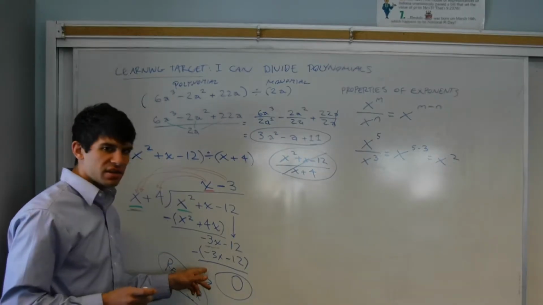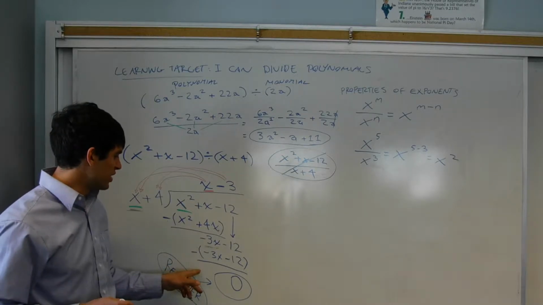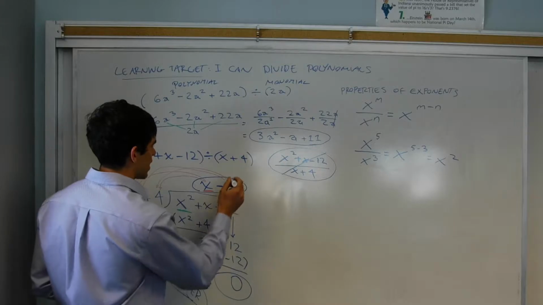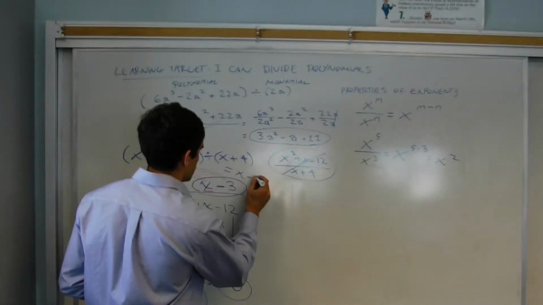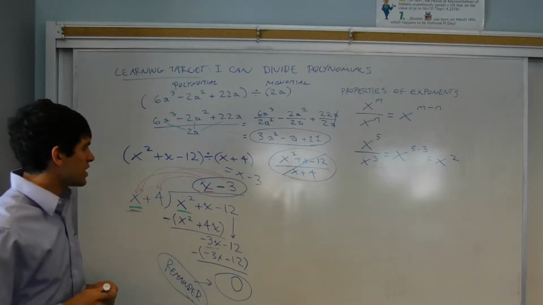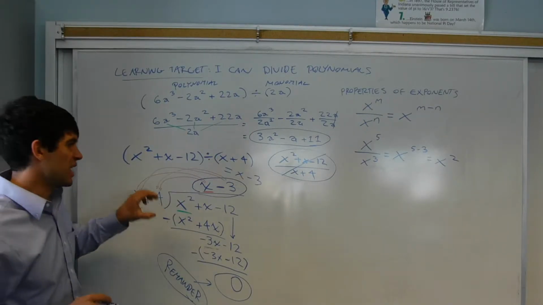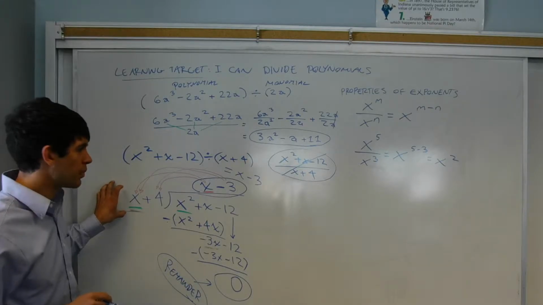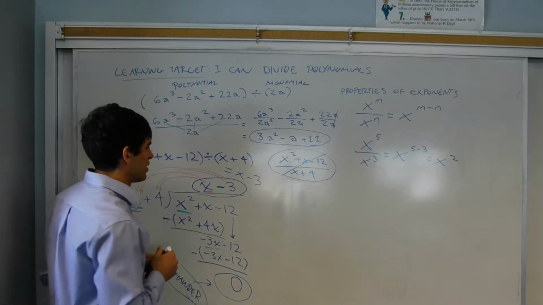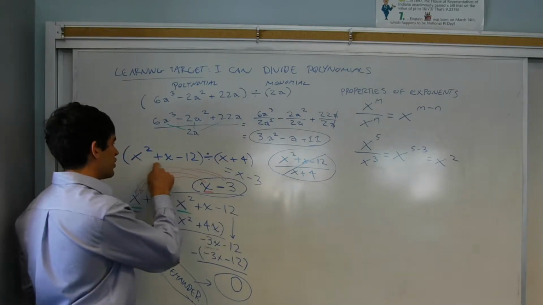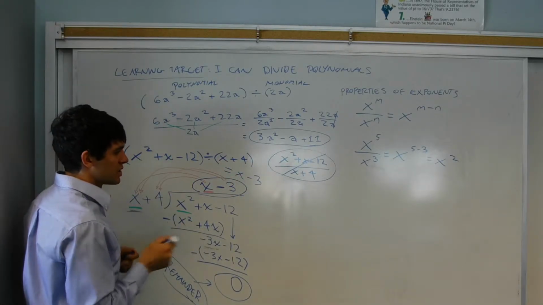If we have a remainder of 0, that's really, really nice, because that means that our answer is simply x minus 3. And now let's check our answer. Since division is the inverse of multiplication, what that means is that x minus 3 times x plus 4 should equal this expression. So let's try it.